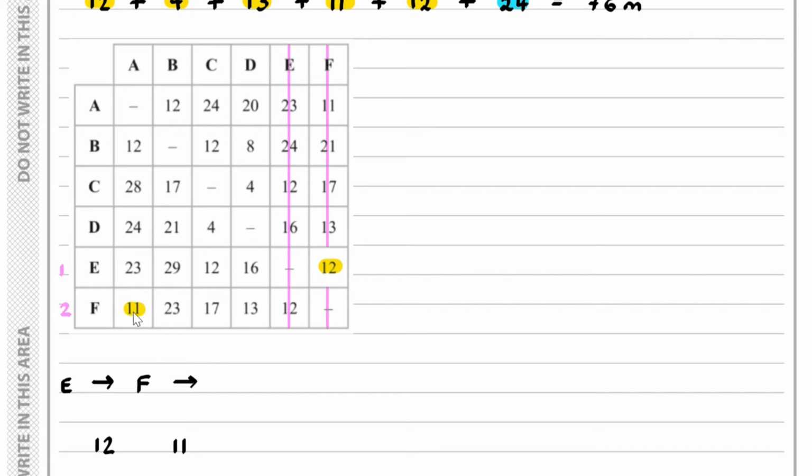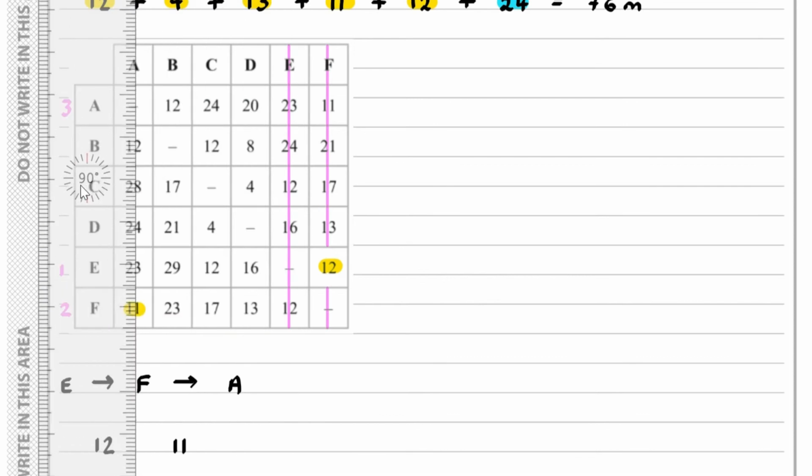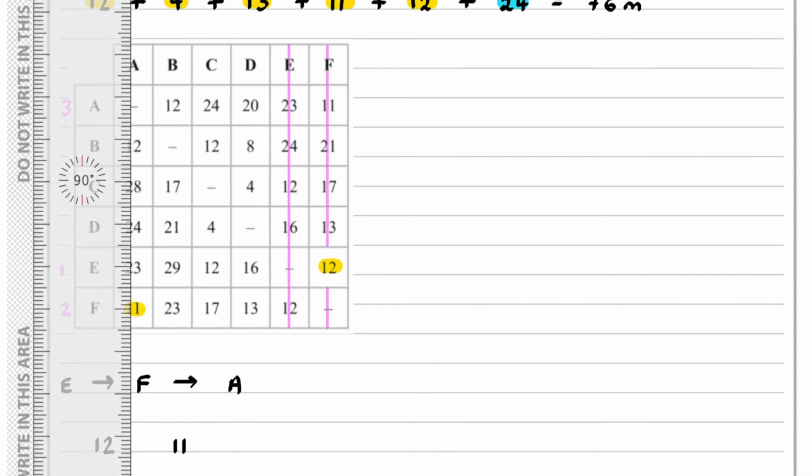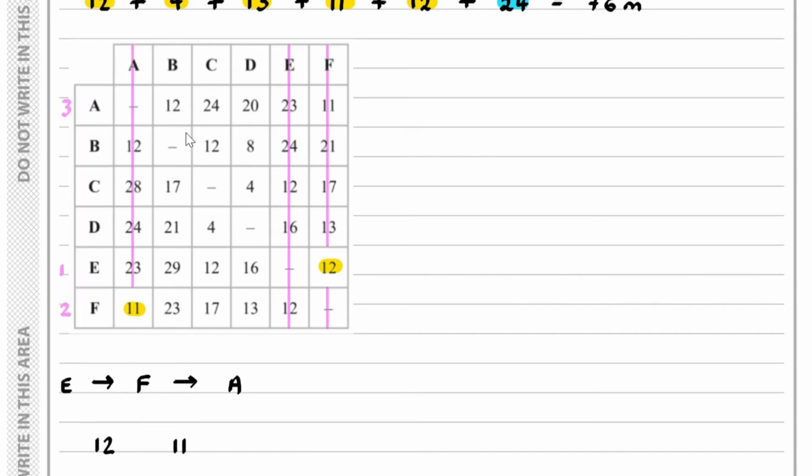So now that we are at F, we go to A next. So we put a number 3 where A is, and then we delete the column containing A. So now we read across A, and the smallest one now is this 12 here, which takes us to B.